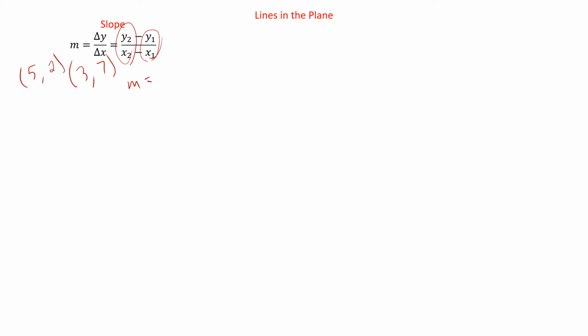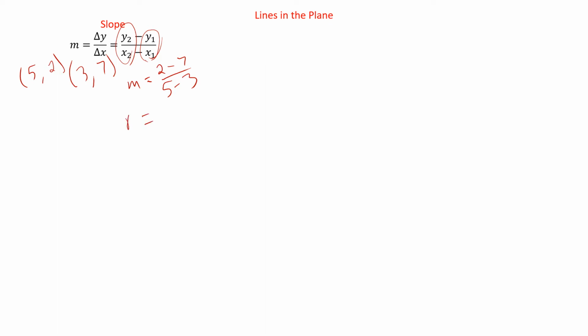Do you know why we use the variable m for slope? Nope, neither do I. I've looked it up. Nobody knows. There are some theories, but they've all kind of been disproven, so I don't know. So y minus y, we can go 2 minus 7 over 5 minus 3. Could have also done 7 minus 2 over 3 minus 5. Again, the order is what matters there.